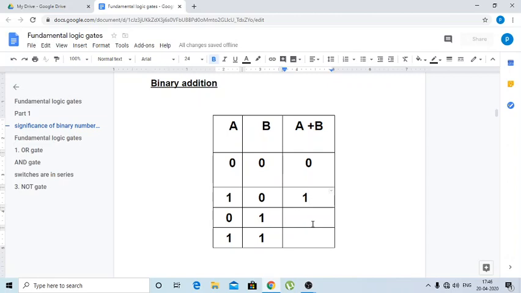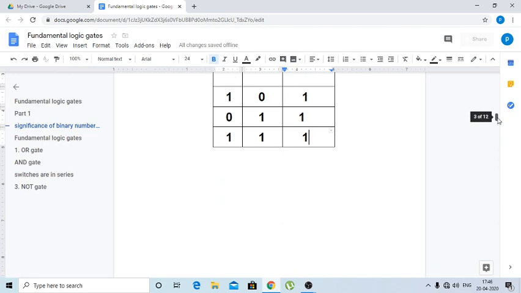Actually it should be 01, but here as it is a signal, it is written as 1. Again A is 0 and B is 1. Here 0 plus 1 is 1. And the last possible value is both are high, both are having 1. So 1 plus 1 equals 1. And suppose if it is a decimal number, then we should write it as 10.